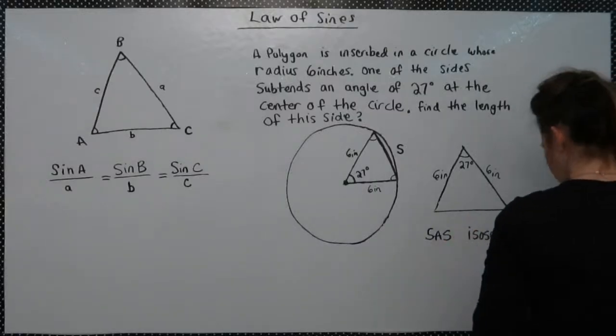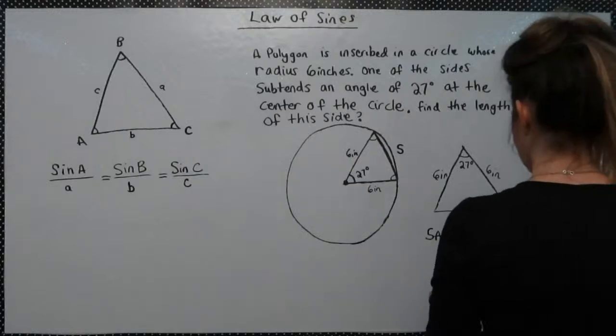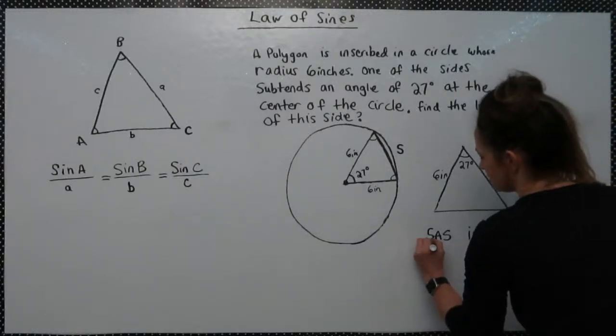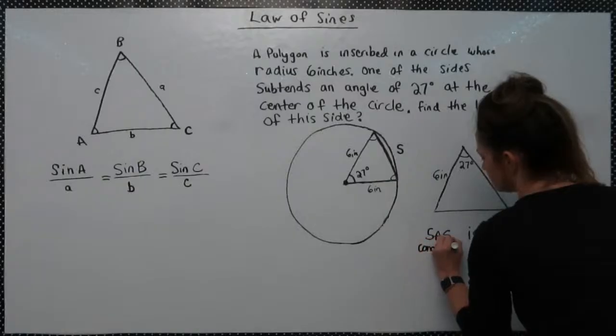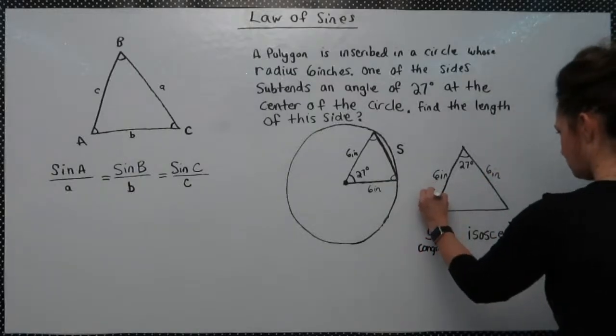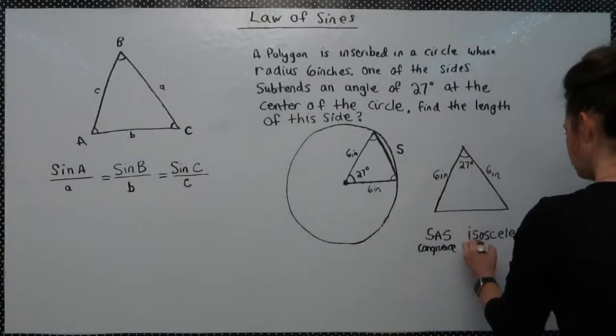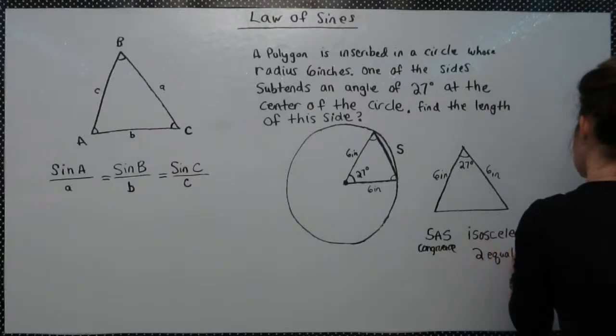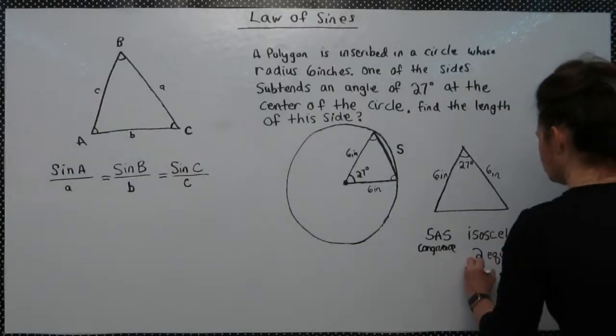All right. So we have SAS congruence. And so this is an isosceles triangle. And with isosceles, you have two equal sides and two equal angles.